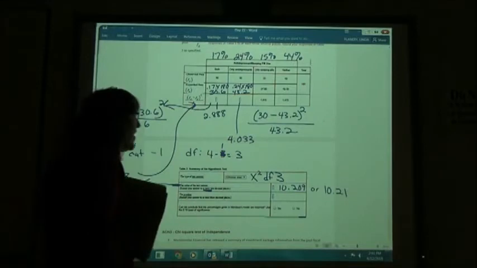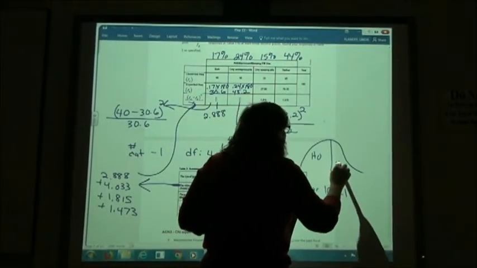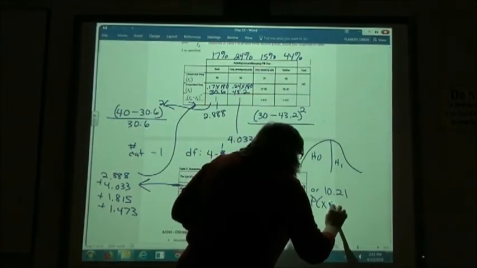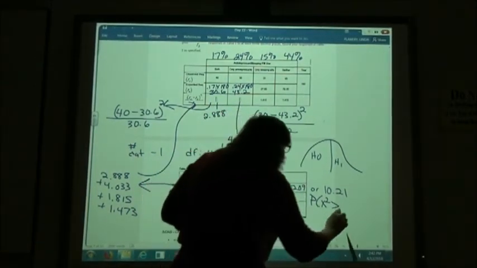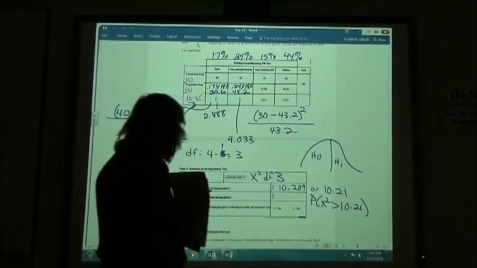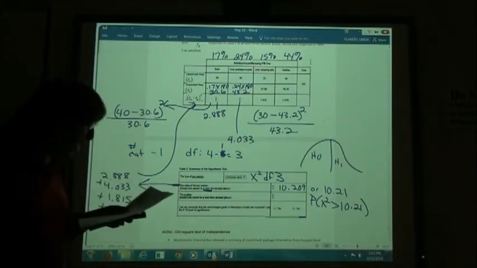For our p-value, we're testing between the H0 and the H1. We're going to do P of chi-squared greater than that value, 10.21, and you could also use 10.209. P of chi-squared is greater than 10.209.